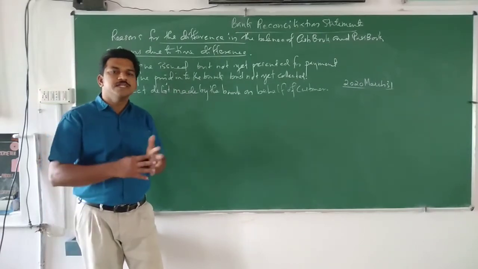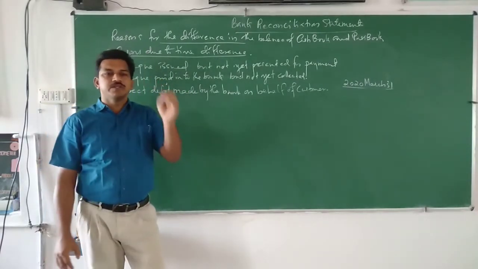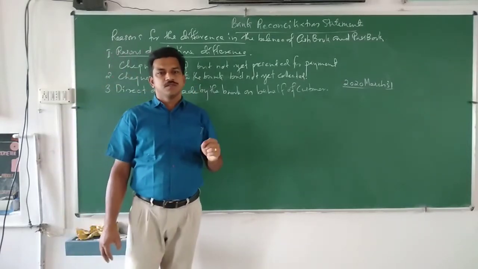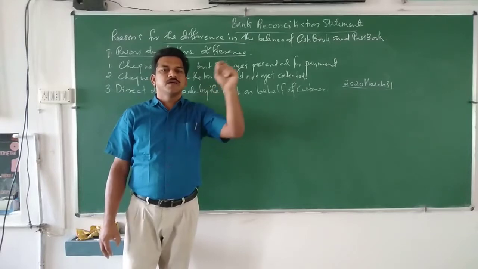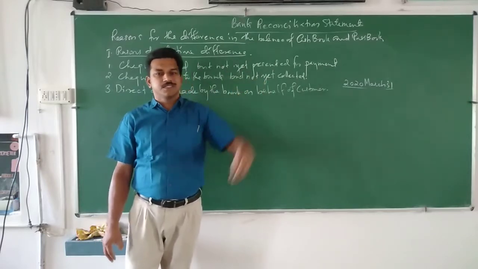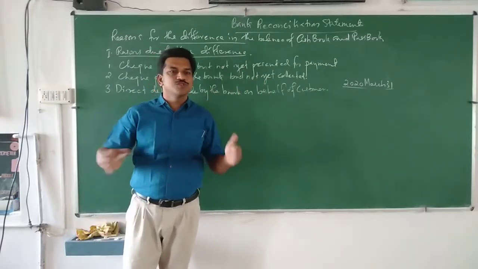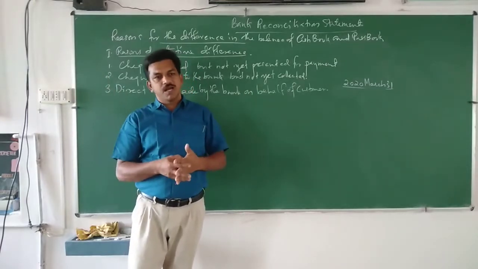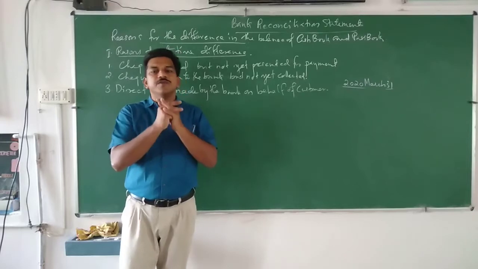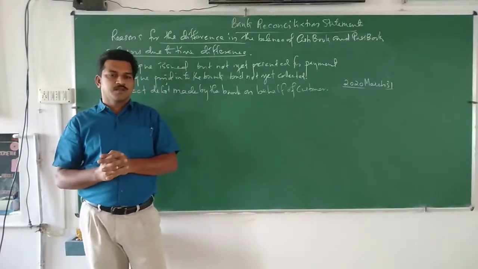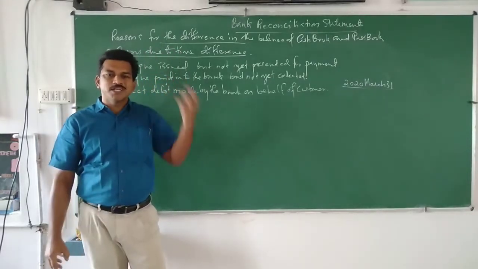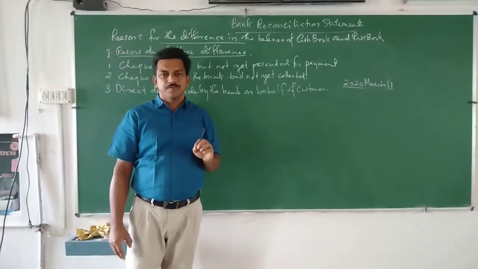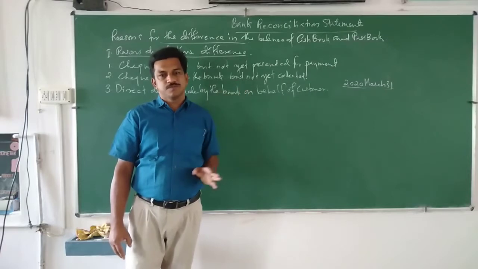Suppose we have given an instruction to our bank that every month on 26th you have to pay our rent. We are running our business in a rented building, so we have to pay the rent. The bank has to pay the rent on every 26th. According to our instruction, the bank debits the money every month.